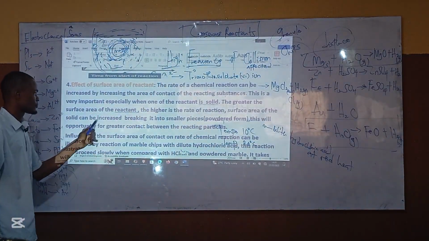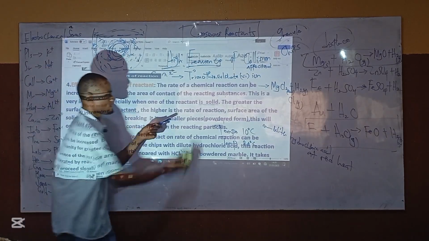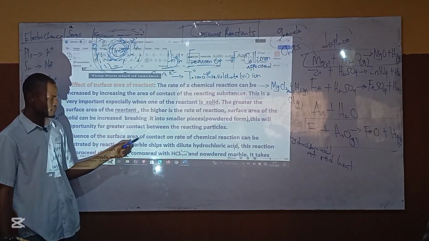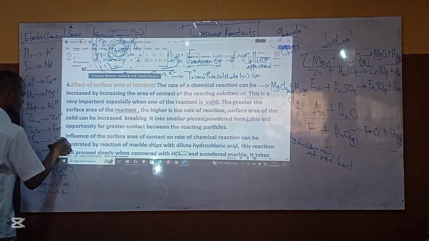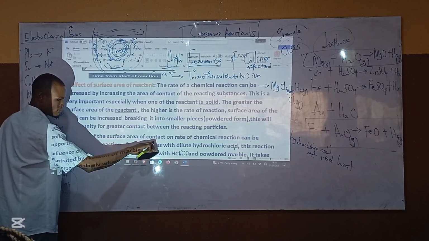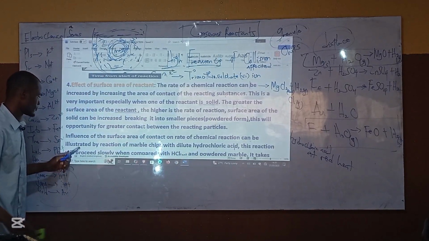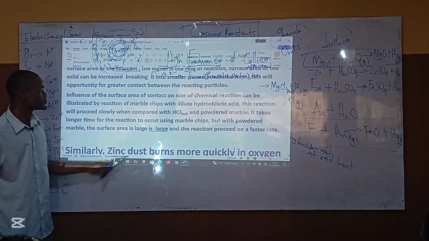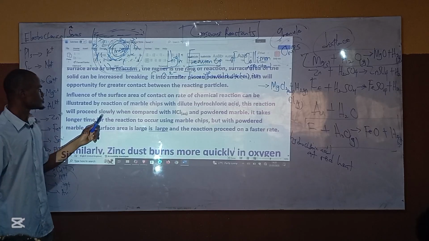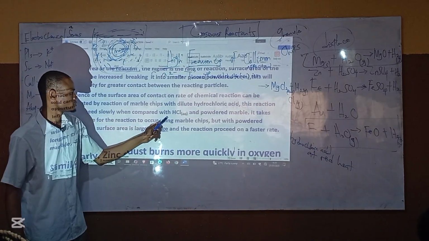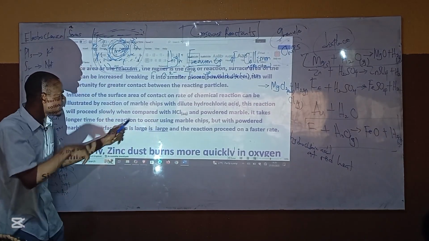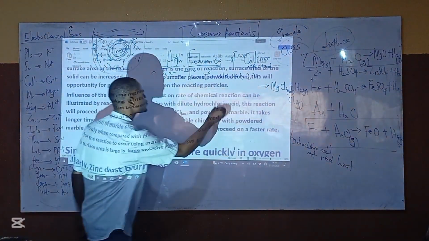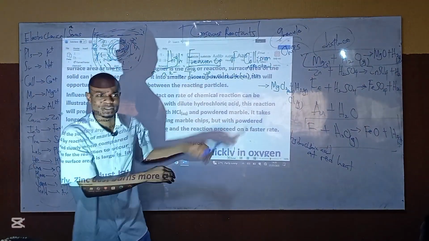Surface area of a solid ground into a very small form is the opposite of the chunk form. With marble chips, the reaction will be slow when compared to powdered marble with hydrochloric acid.